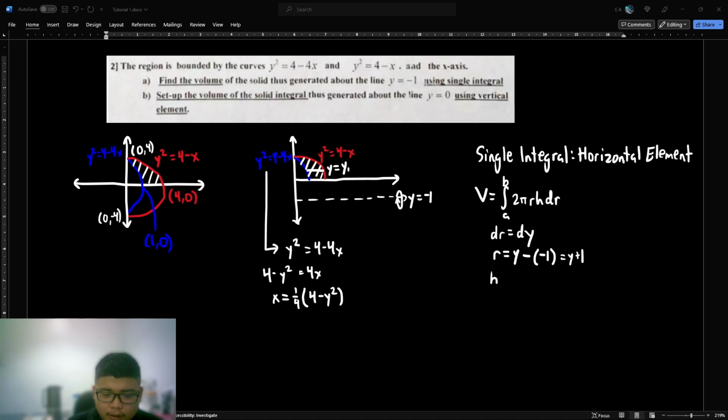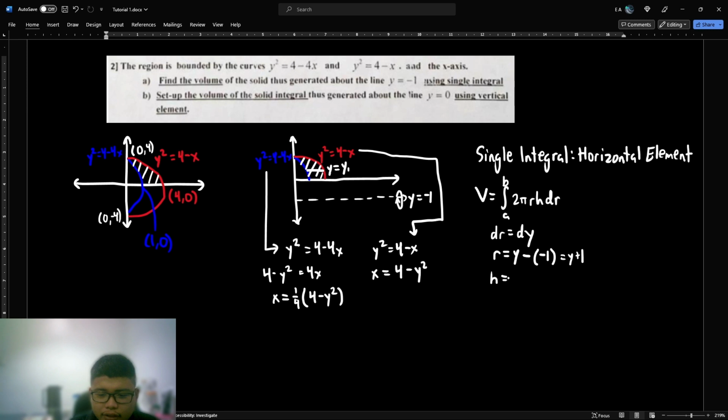Okay? For the other function, we have y squared equals 4 minus x. Now simply, x here is equal to 4 minus y squared. So our h would be equal to the rightmost, which is 4 minus y squared, minus the leftmost, which is 1/4 times 4 minus y squared.